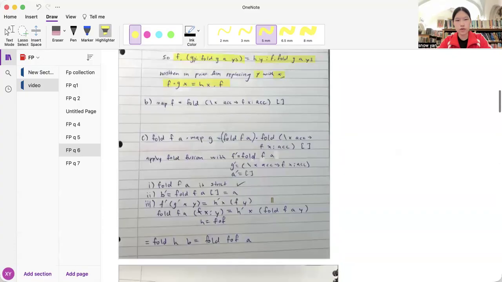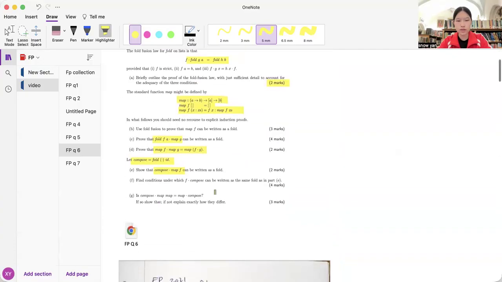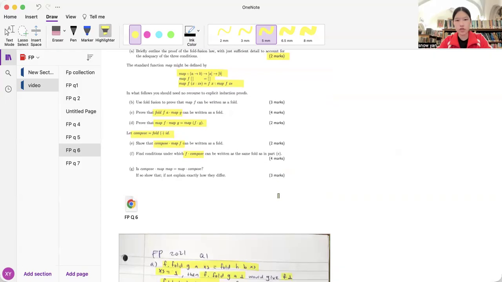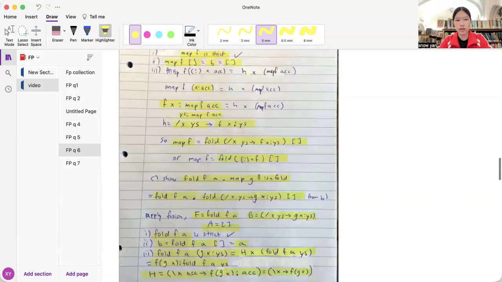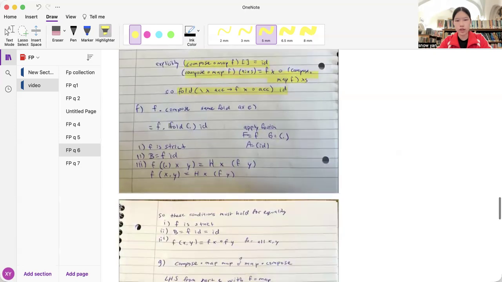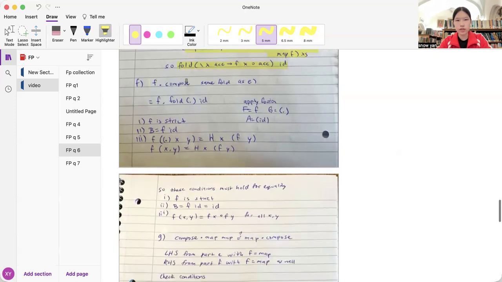And then for part F, we are asked to find conditions under which F compose can be written as the same thing as in part E. So this one is just applying fusion and just matching the conditions so that it's the same, right? So we want to show this is the same as part E. So we have this over here. We're going to apply fusion with these parameters. We're going to show that F is strict, which is true. I mean, it has to be true for this to be the same. Then the second condition that has to be the same is B is equal to F of identity.